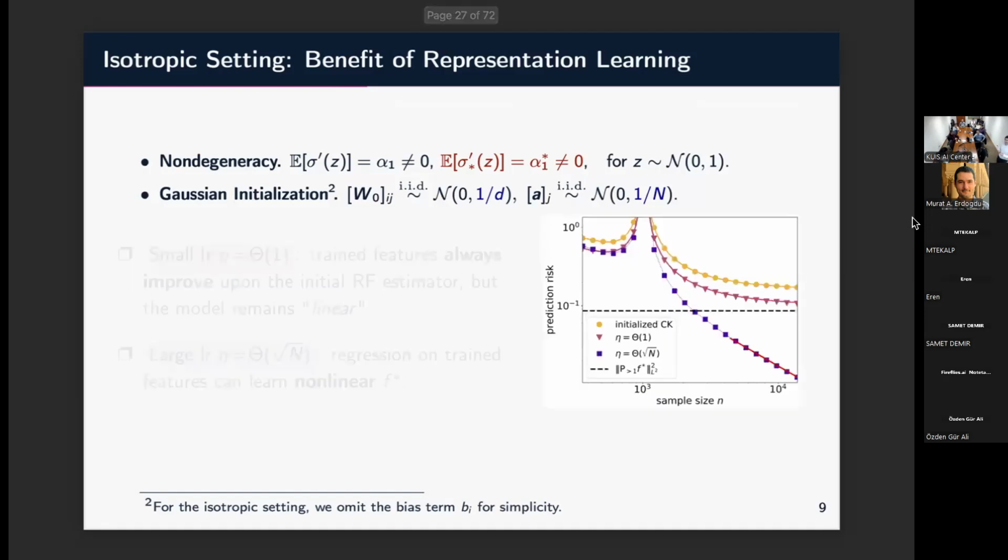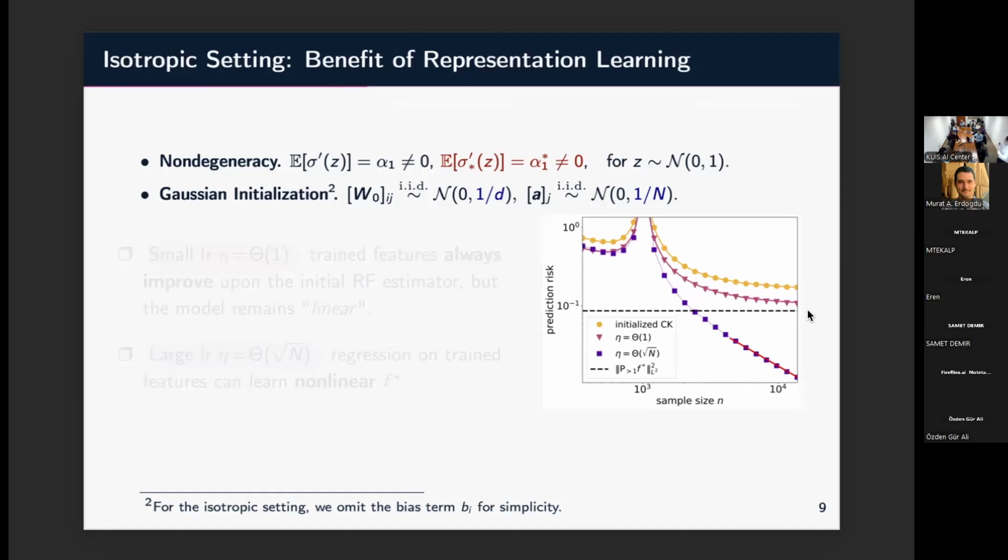So here's the summary of the results. Here is my kernel lower bound, this dashed line. The yellow, topmost curve is the risk of the random features regression, the risk of the kernel method. You can see the double descent very clearly, actually. That's nice.